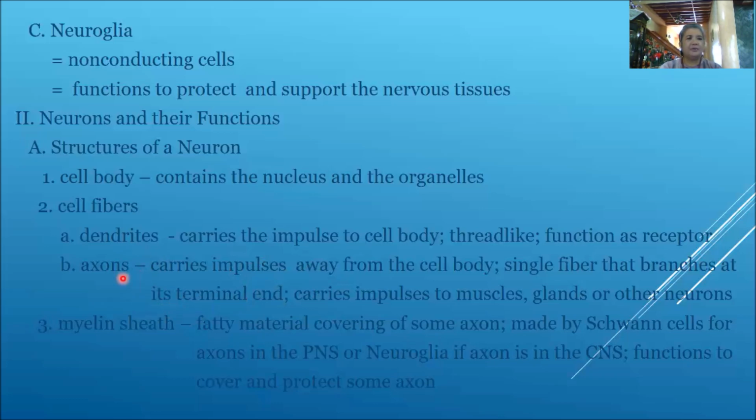Then another component of the structure of a neuron is the myelin sheath. When I was still a student, I could imagine the myelin sheath to be a dress because it will cover the axon. So this is a fatty material covering some axons, because there are some axons without myelin sheath.